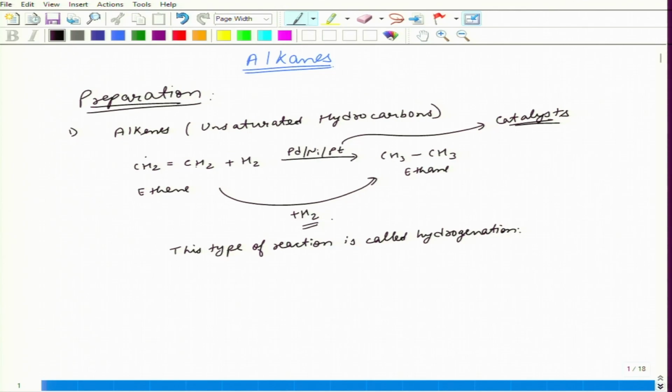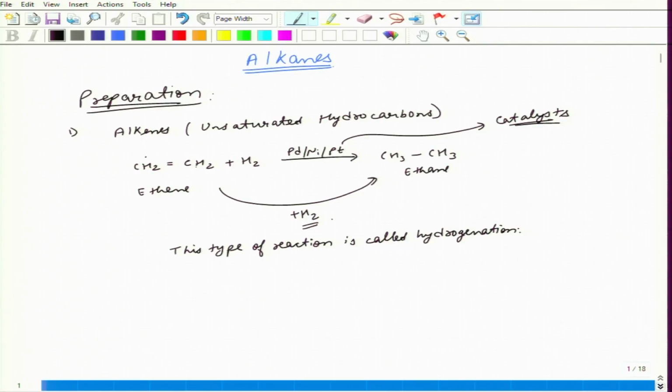So what is a hydrogenation reaction? Hydrogenation is basically the addition of hydrogen to any substrate to form the product. In this reaction we are adding a hydrogen molecule to an unsaturated hydrocarbon to give the saturated hydrocarbon, alkane. For this reaction we have to use a catalyst, that is palladium, nickel or platinum.